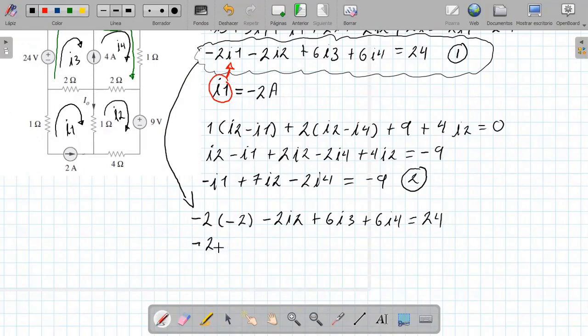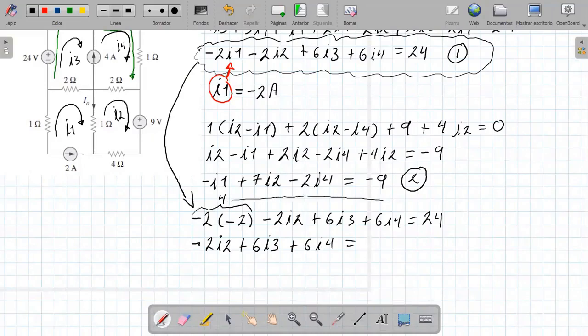So here it would be minus 2 I2 plus 6 I3 plus 6 I4 equals, then 2 times 2 is 4, as they both have negative gives positive 4. If this is 4, I'm going to subtract that 4 to the other side and it gives me 20. So I already have an equation 3.